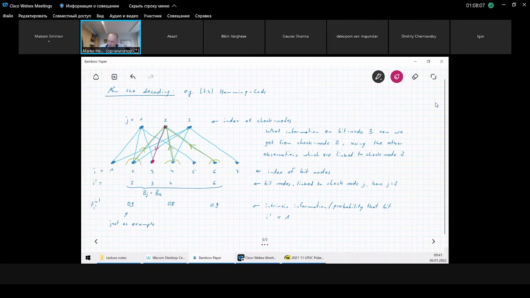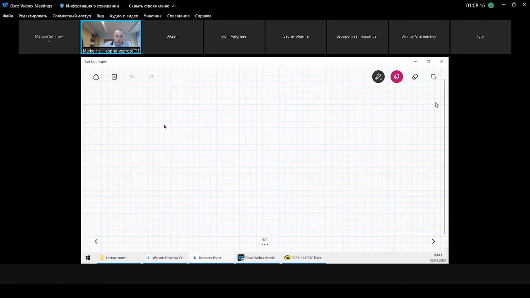And with this, we can basically ask the question: what is the probability that check node 2 is satisfied, if bit node 3 is a 1?